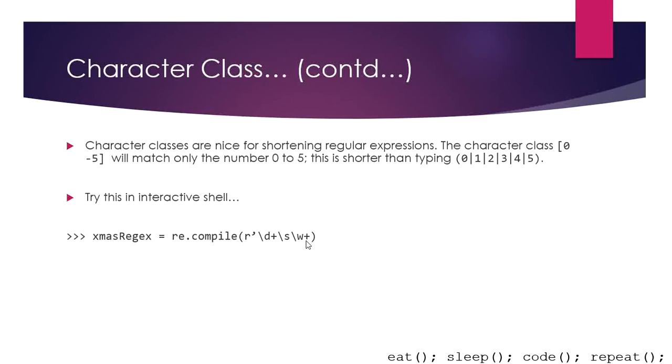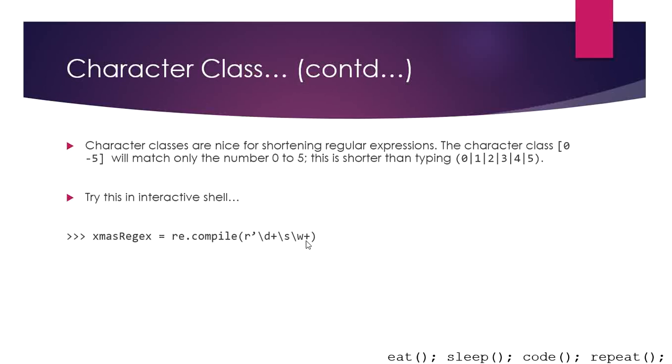Now what does this mean? Here we have backslash d plus, which is going to match any number from 0 to 9, and plus means one or more of them, followed by backslash small s, which we have seen in the table. Backslash small s is for any space, tab, or new line.